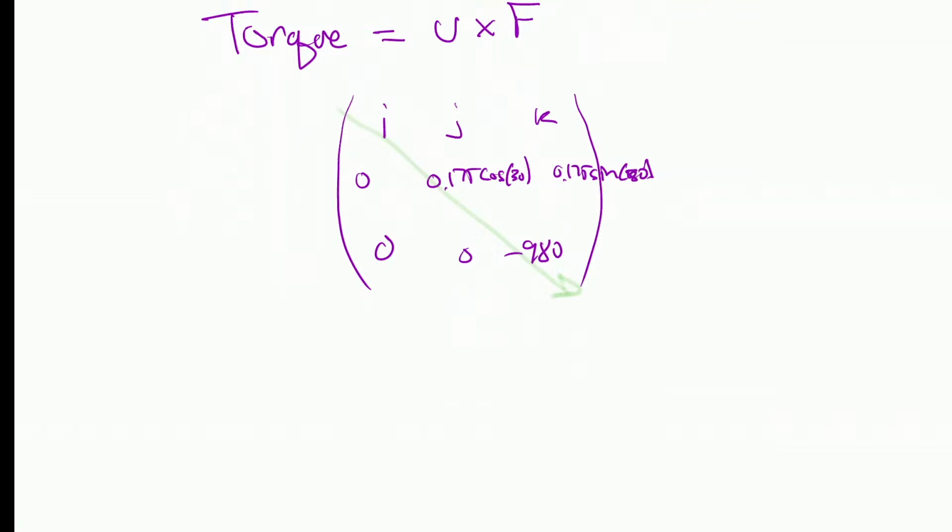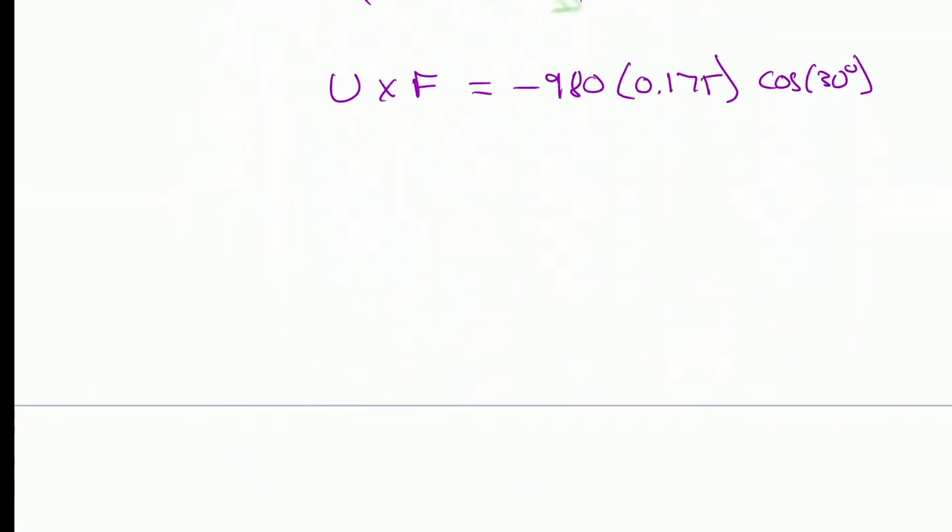And so my cross product, u crossed with f, is just negative 980 times 0.175 times the cosine of 30, which I know some of you are like, well, that's the formula. Yeah, whatever. But anyway, let's go ahead and do this on a calculator so I can evaluate.